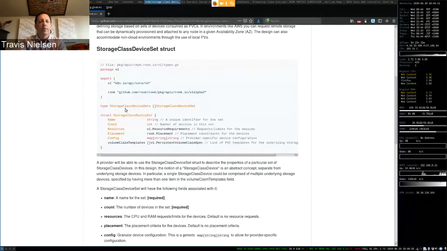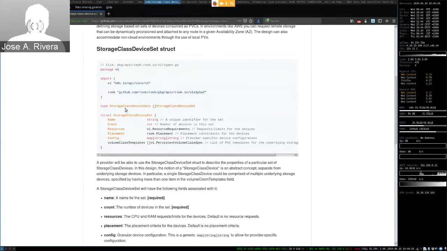Right. So what this translates into is a label with that name on the PVCs or the OSDs and everything. That's easy to translate into a label. Yep. So it's easy to implement for PVCs.